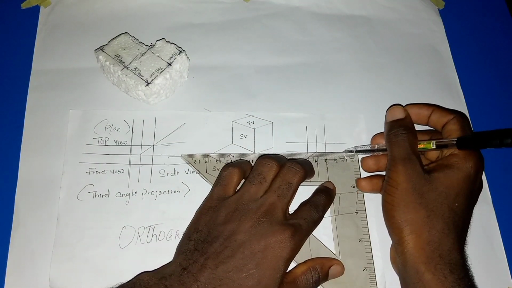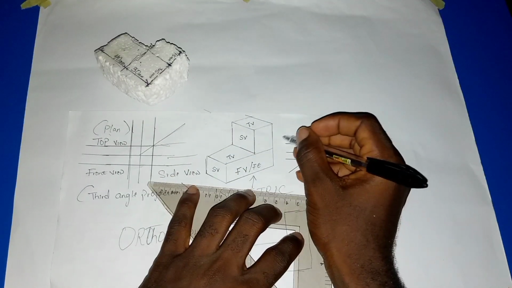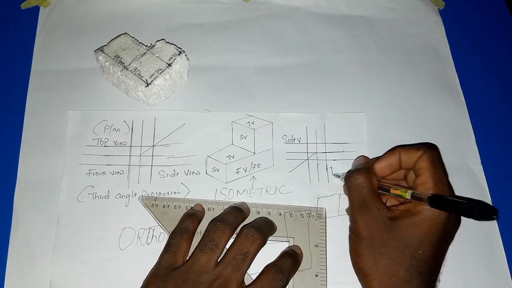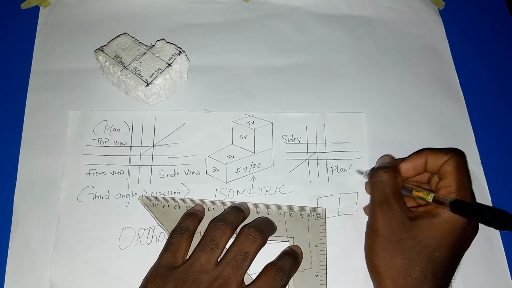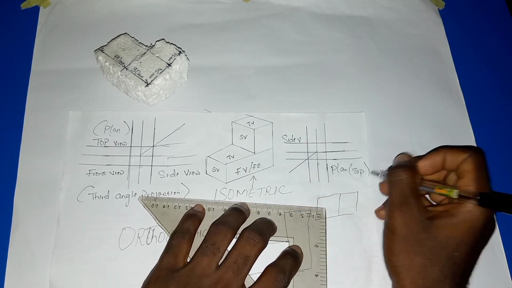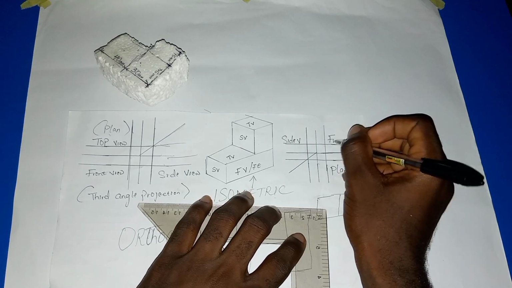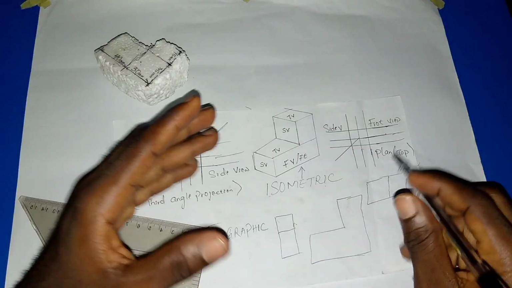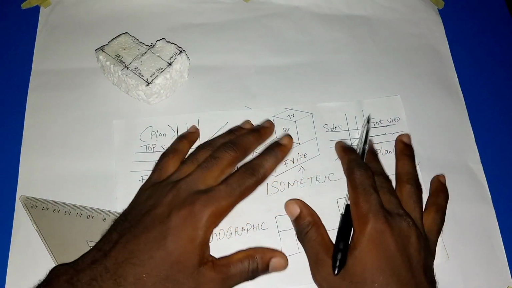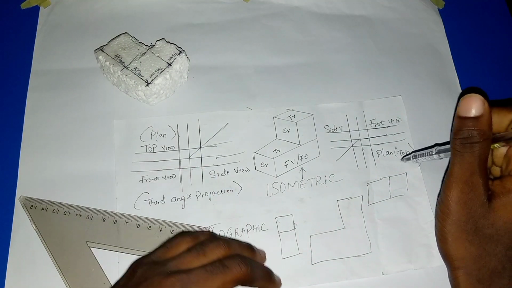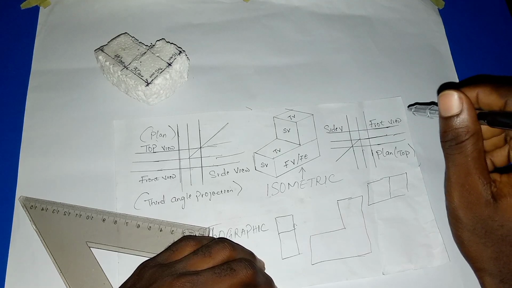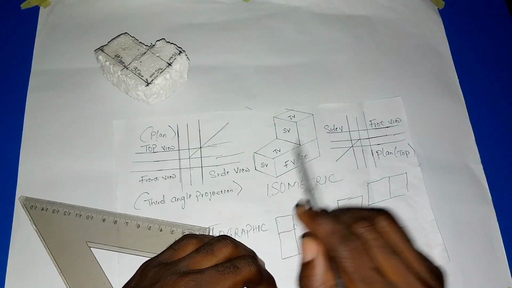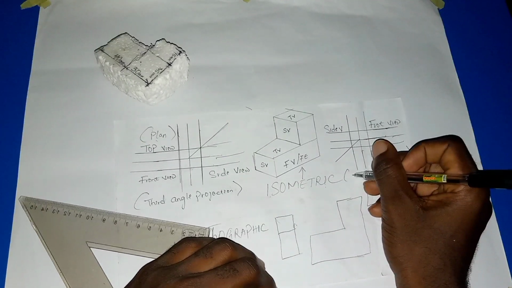Where we have the side view, we have the plan, which is also the top view, and we have the front view. So in this scenario where a projection is represented in this form, where the plan is at the bottom, then the front view is at the top, it is called a first angle projection.